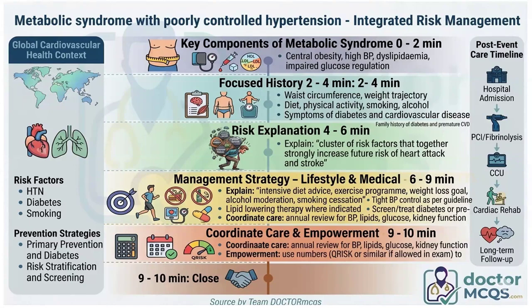Again, the ending of every case is very important. Monitoring and safety netting in this case and in every chronic case: I want to have a follow-up with you, BP review in weeks after changes, and bloods checked at agreed intervals.